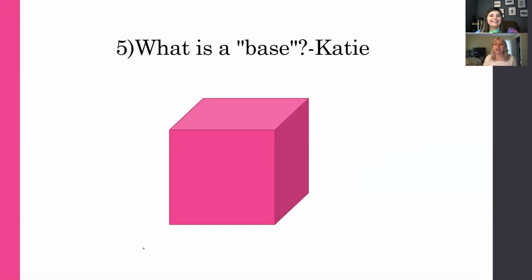Sorry, explaining all of that, could you tell us what a base is? Yes, of course. I have a question for you referring to this. Whenever you look at this shape, what is it? I see a cube, but it could also be seen as a square, or vice versa.